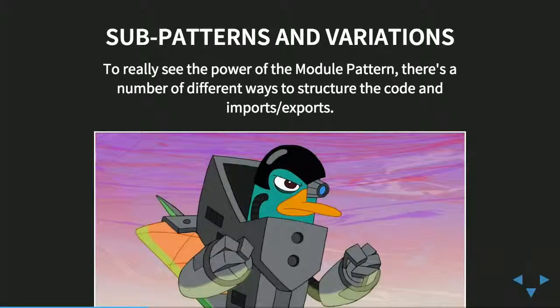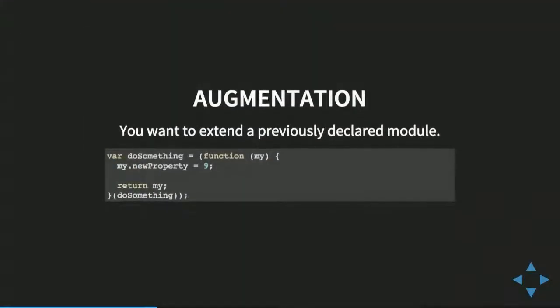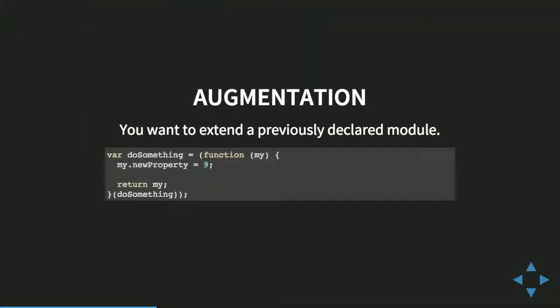Next, there's various types of module patterns. We've got augmentation. Basically, you want to extend a previously declared module. So you've defined someplace else the do something module. You want to add something else to it. That's called augmentation. You pass it in the bottom.